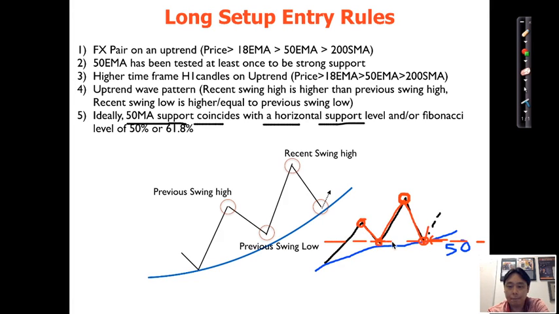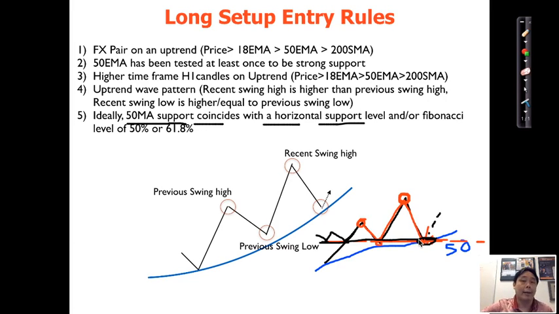Can you see? Of course, if it was like that as well, that would be even stronger. In this case, you can see that the 50 moving average, where it is bouncing, is also coinciding with a support level. And again, that gives me additional confluence or confidence that that's the support.